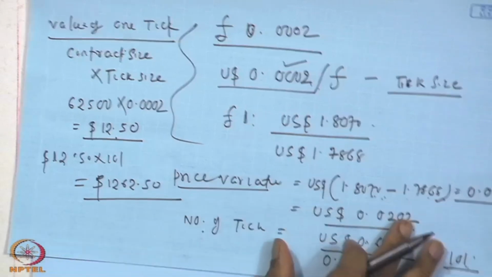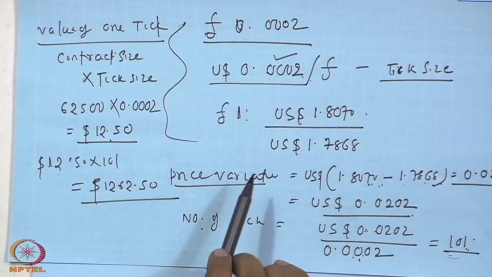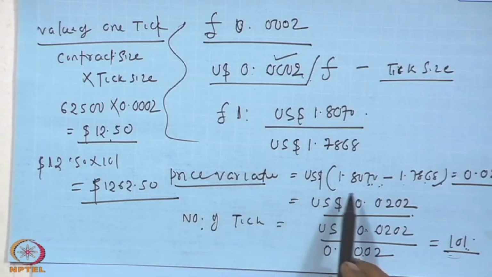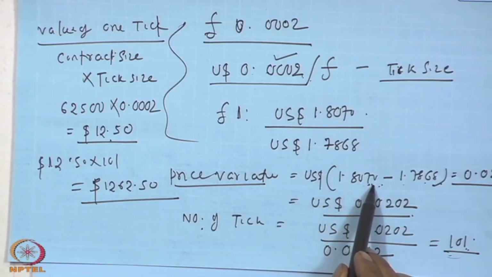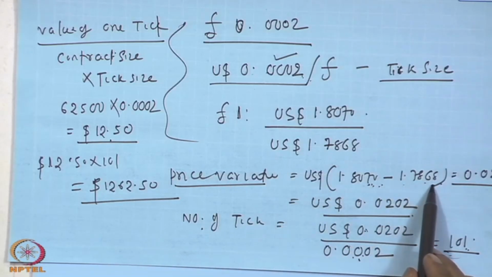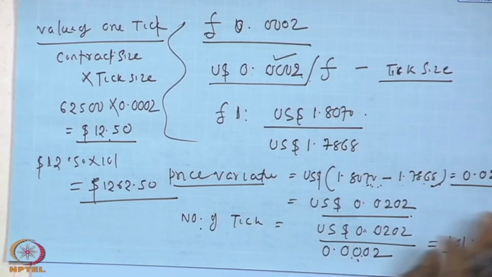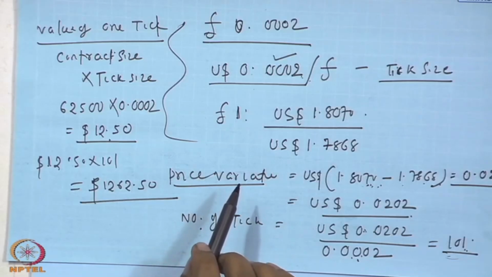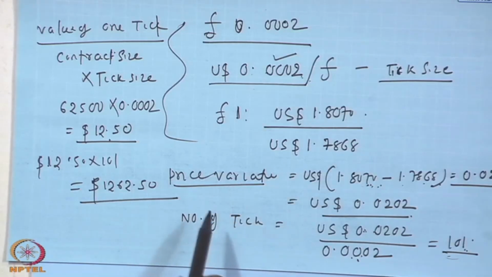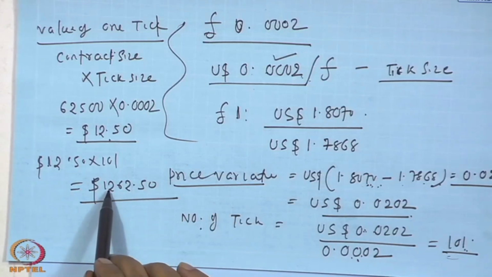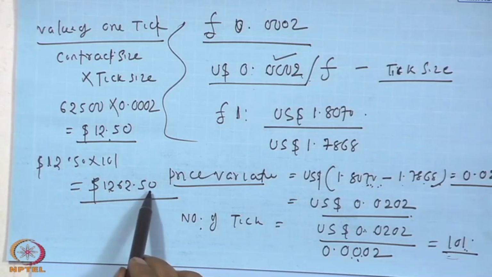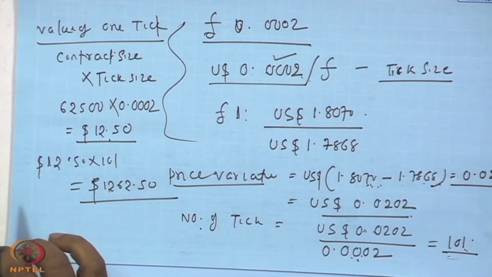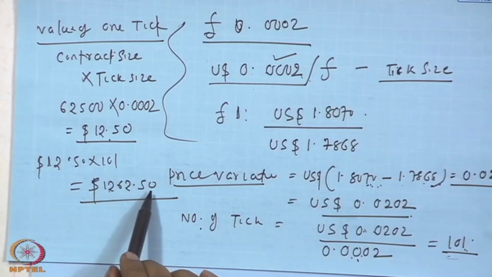So what we have calculated here is, if the pound sterling migrates from 1.8070 to 1.7868, then the price variation of the pound sterling future contract will be 1262.50 dollars.